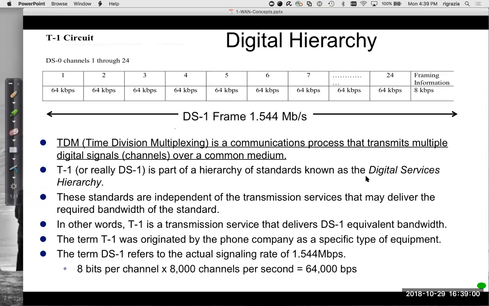So 8 bits per channel at 8,000 frames per second gave us 64,000 bits per second. Looking at it from a single channel perspective, you got 64,000 bits per second. The DS1 frame was 8 bits per channel, 24 channels, and you sent those frames at 8,000 frames per second. That's where we got the 1.544 megabits per second.